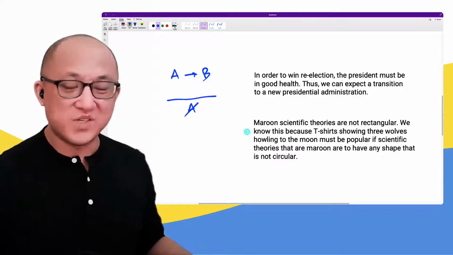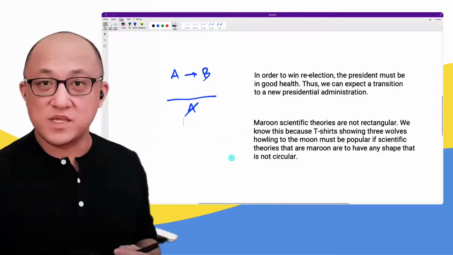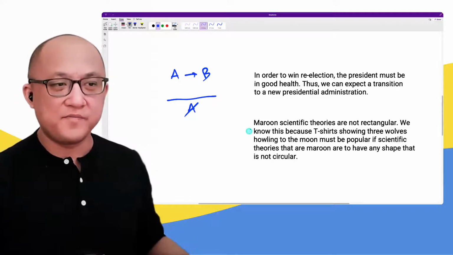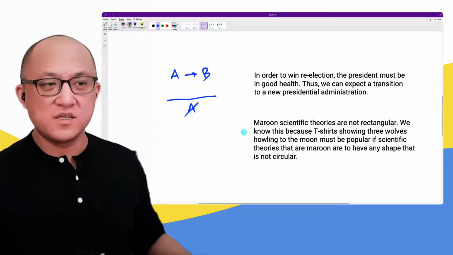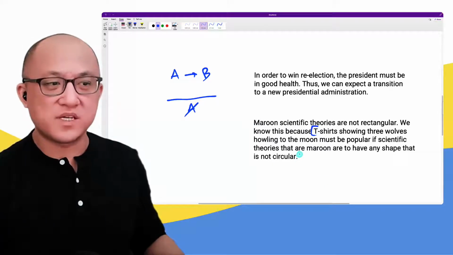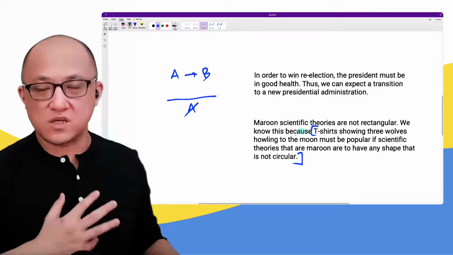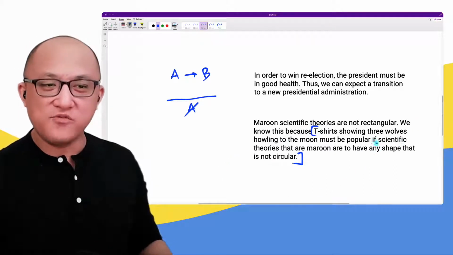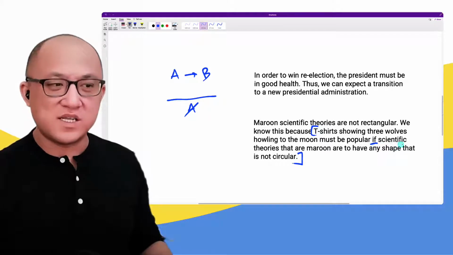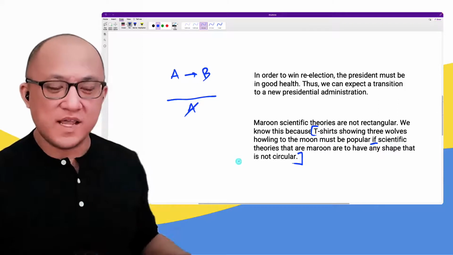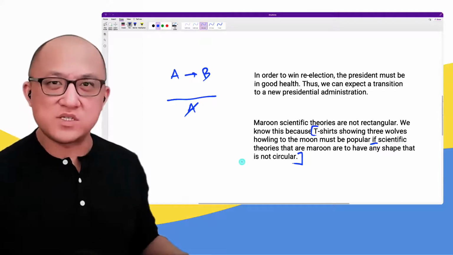Now, the second argument here is doing the exact same thing, right? But in a much more complicated way. The premise part is the second half of the stimulus, because it's saying we know this because, so that's going to introduce a premise. And the if part is saying maroon theories, if they are to have any shape that is not circular.